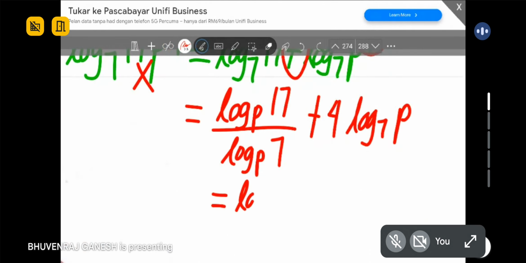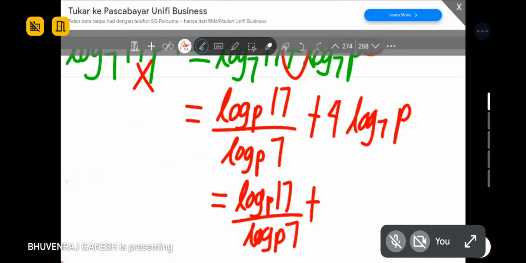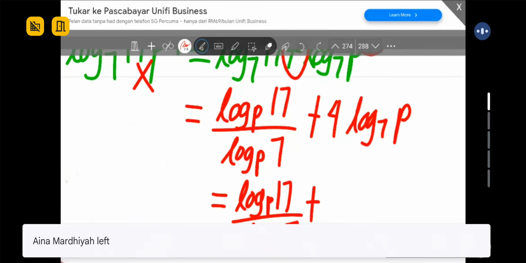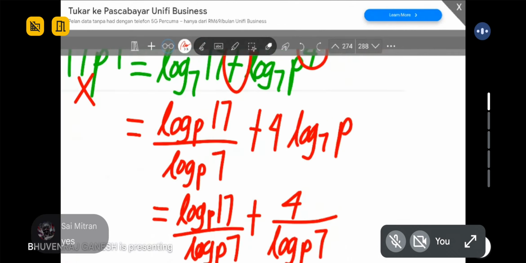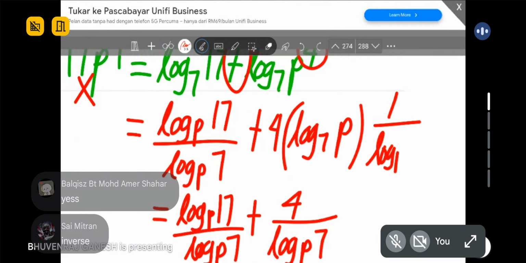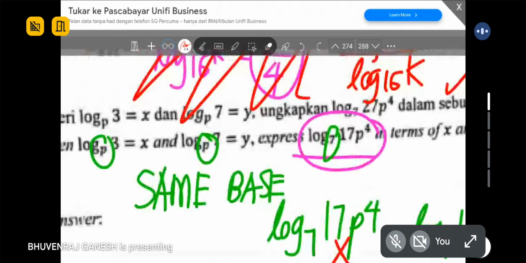So you will have log P17 over log P7 plus 4 over log P7. Do you guys understand this step? How I do it, guys? Semua faham? Because this one I make it become 1 over log P7. Yeah, inverse.